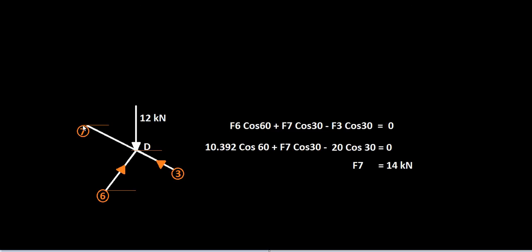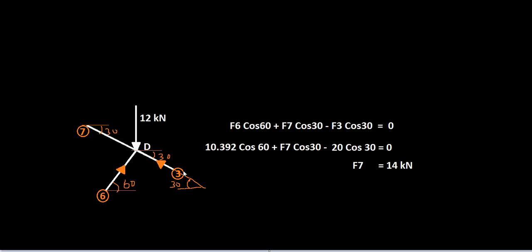And what I have shown is horizontal lines parallel to the x-axis. You know this angle is 60, and this is 30. Therefore this is 30, and therefore this is 30. So you know the force on 6, 3, and you also know the 12 kilonewton force here.